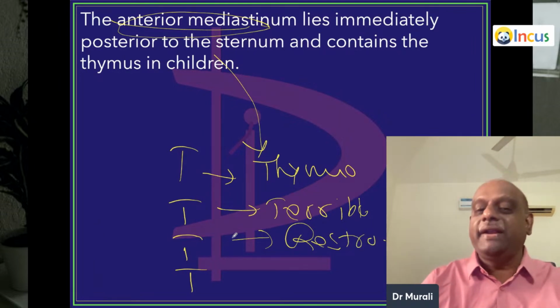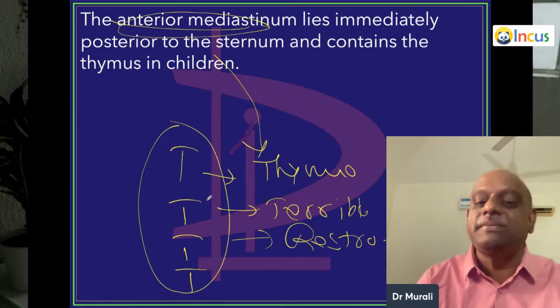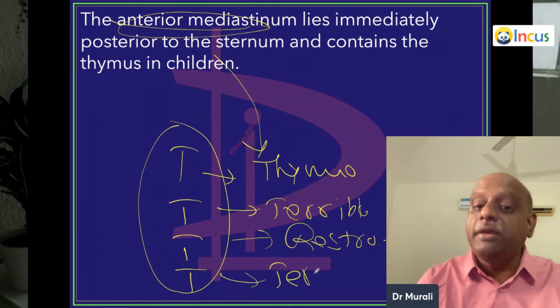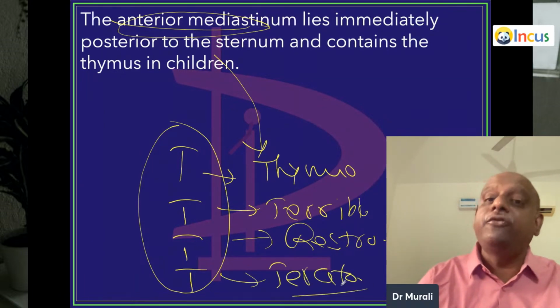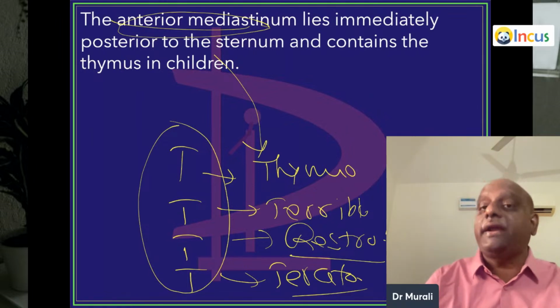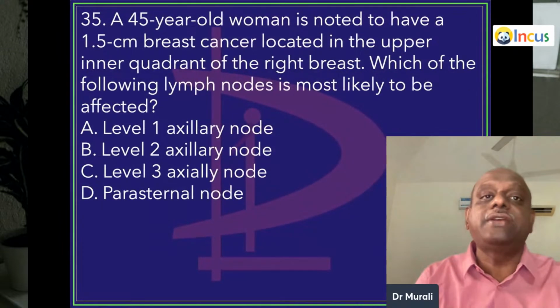So you should not forget the four T's of the anterior mediastinum: teratoma, thymoma, terrible lymphoma, and retrosternal thyroid, that is a goiter. These four present as anterior mediastinal lesions.